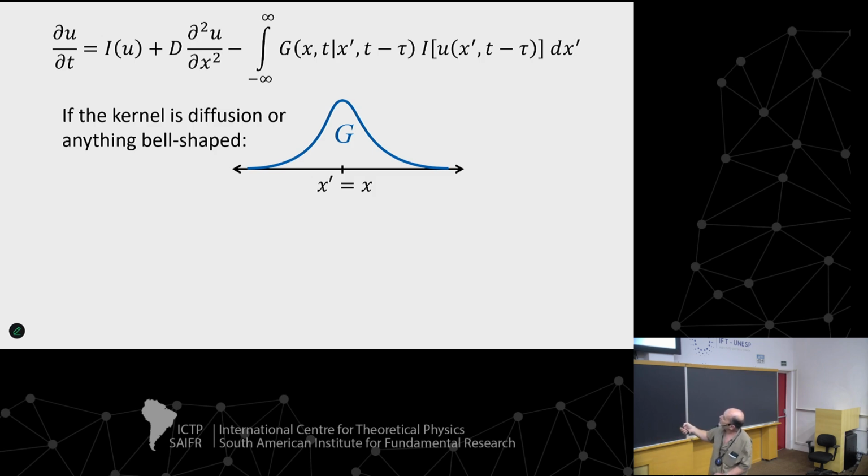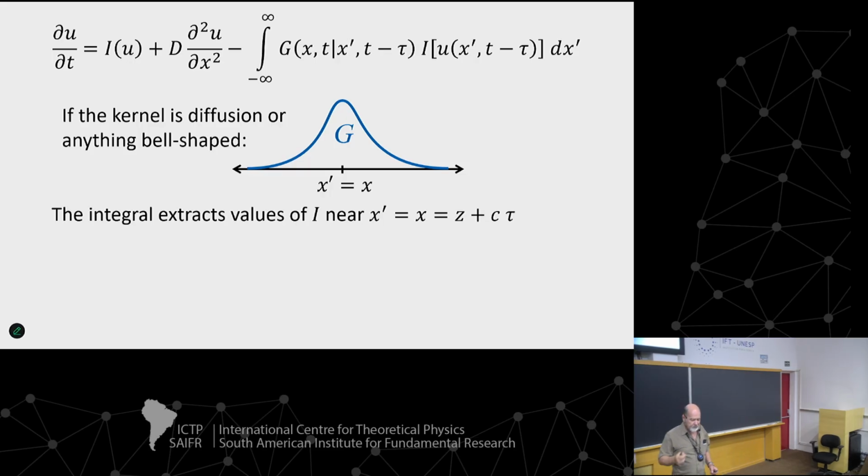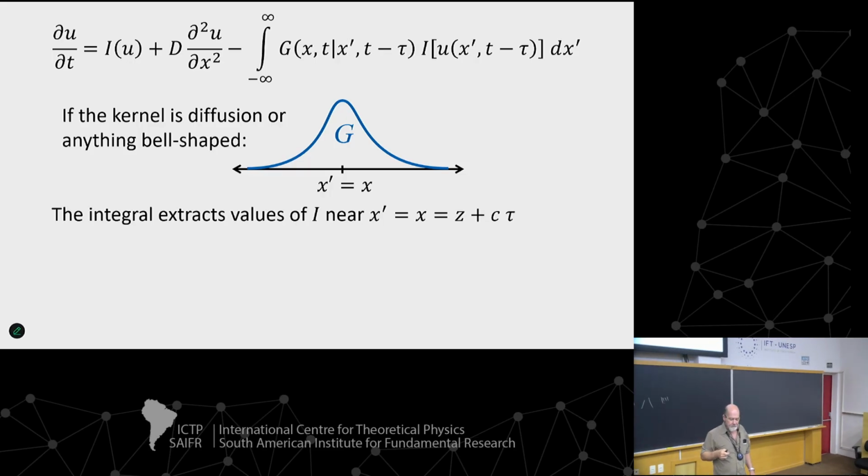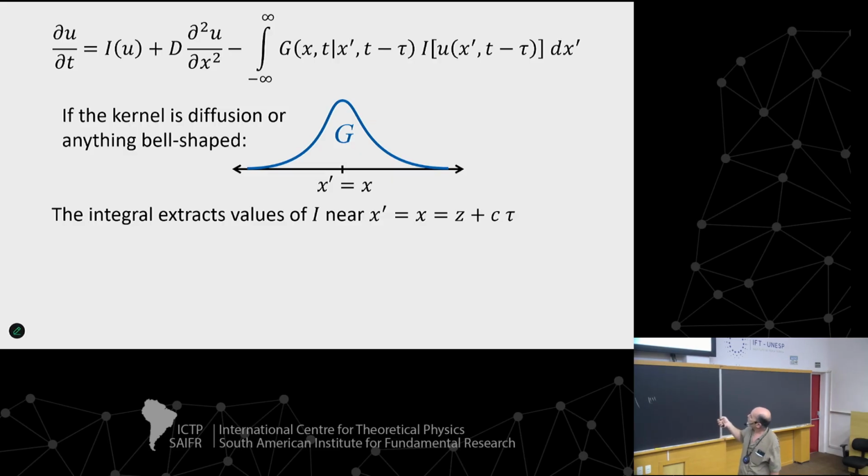If the kernel, if diffusion, or actually anything bell-shaped, what the integration does in that case, this kind of kernel extracts the value of this function, the ingestion function, where x prime is close to x, where x prime is equal to x, and x is z plus c tau. Tau is the delay that you can see here, the non-local part.